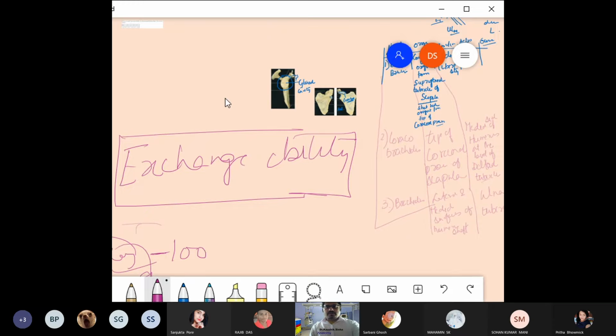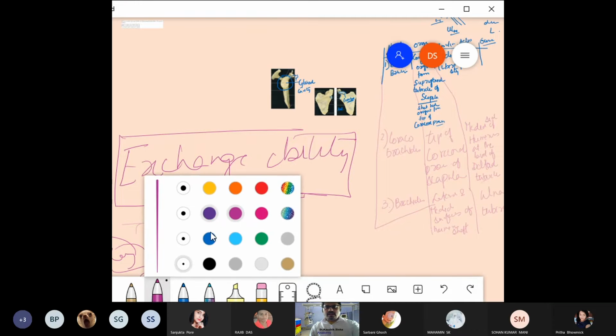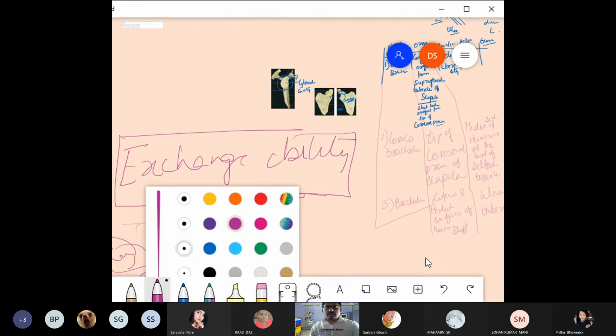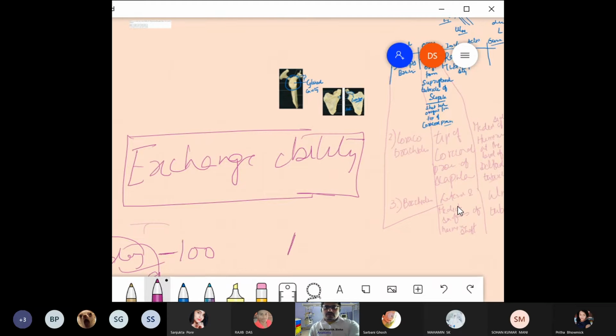All these three muscles are present on the, what should I write here? On the anterior compartment. Okay, it is present on the anterior compartment of upper arm. Only the front side is there, I have not yet named any muscle of the back side. These three are all present on the front side. Clear?